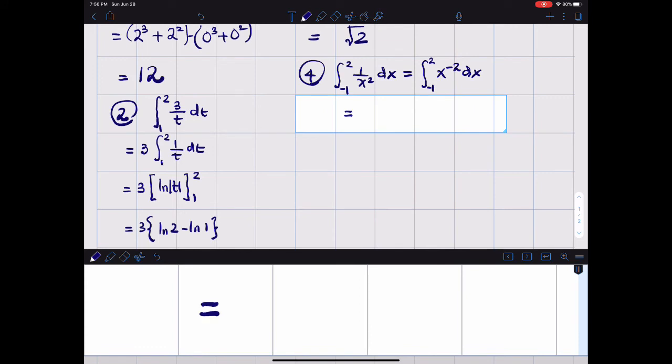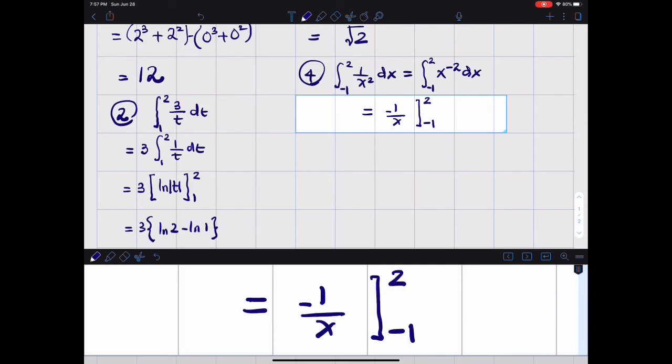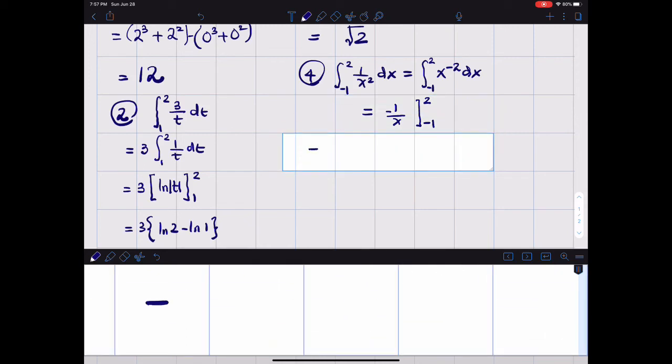If I use the power rule, I add 1 to the exponent, I get negative 1, and I divide by negative 1. So this just becomes negative 1 over x. Then I'm going to plug in negative 1 and plug in 2.